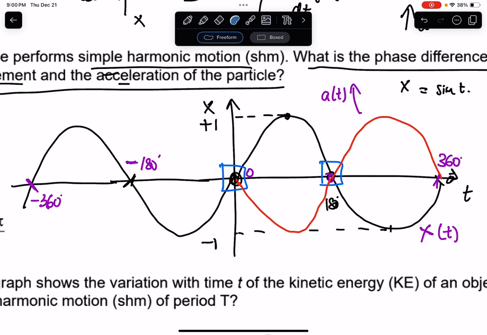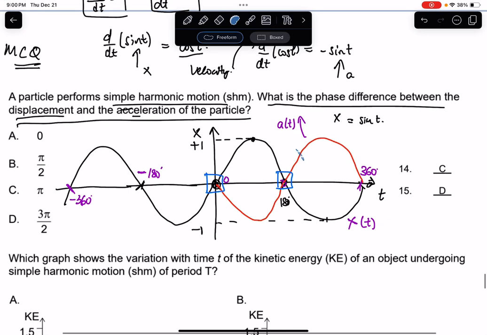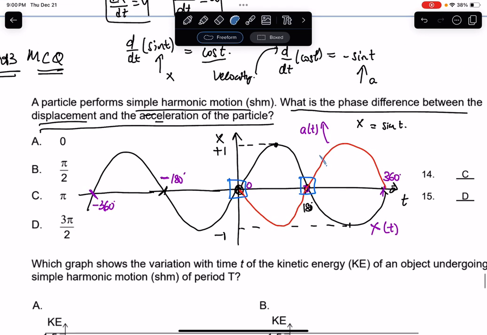So I'm taking this acceleration function and I'm moving it to the left by 180 degrees. Just a 180 degree shift. So that's the angular shift I'm making. When you look at these two functions, I'm just moving this function to the left by 180. So that's why this angular difference is what relates to the phase difference.